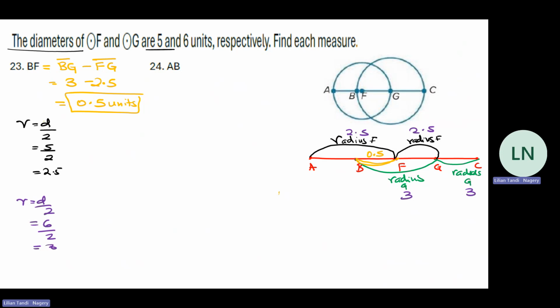So AB equals AF minus BF. AF is 2.5 minus 0.5, and I will get 2 units. And I box my answer.